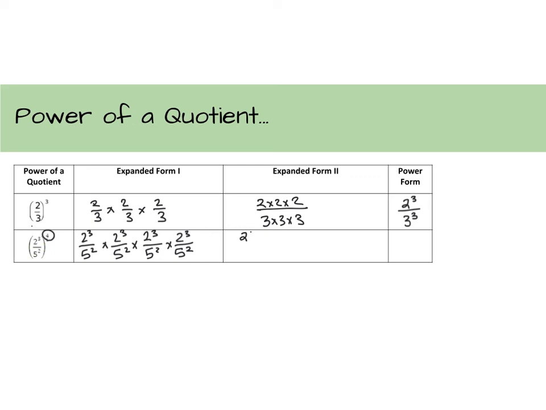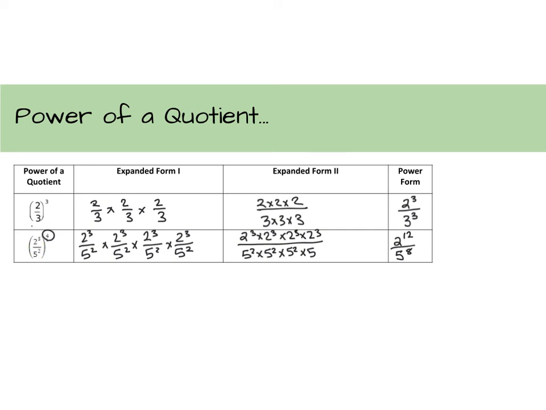So we have 2 cubed multiplied by 2 cubed, all over, or divided by, 5 squared multiplied by 5 squared. Okay, we can apply our multiplication law. So we end up with 2 to the exponent 12, 5 to the exponent 8.